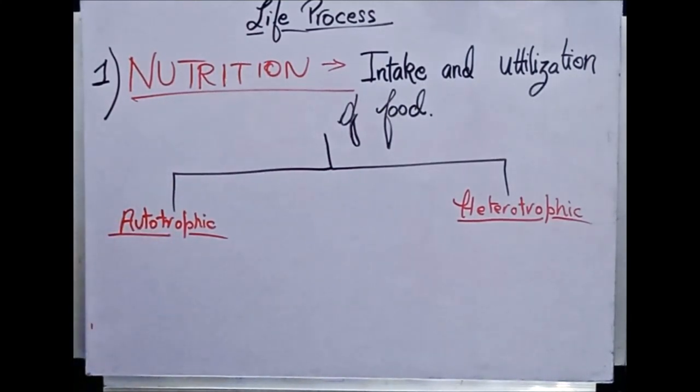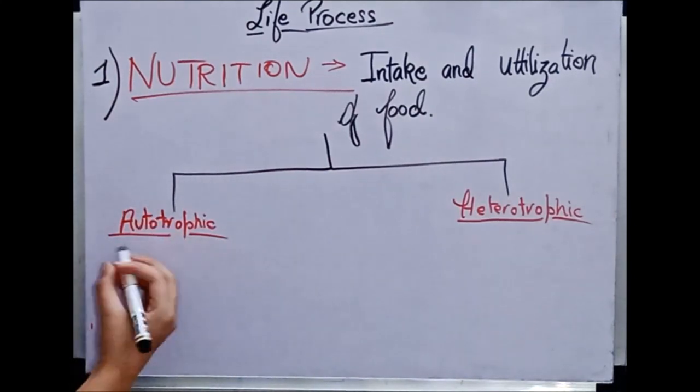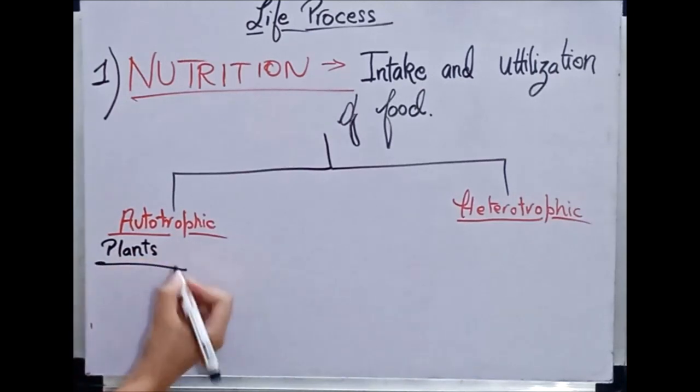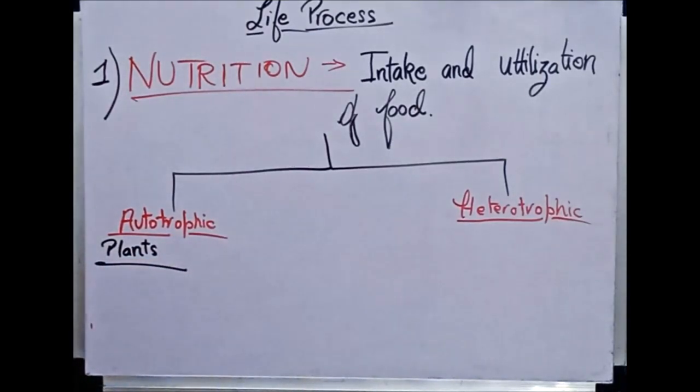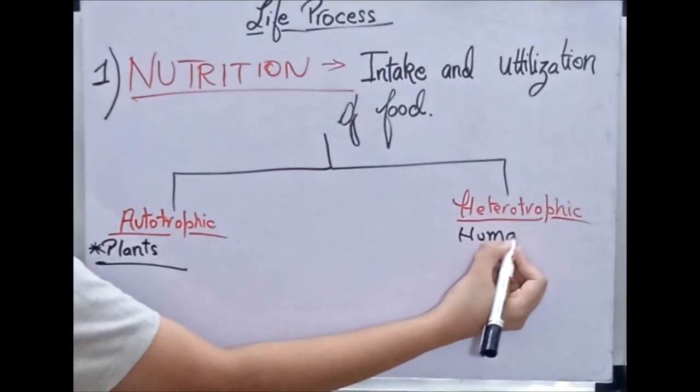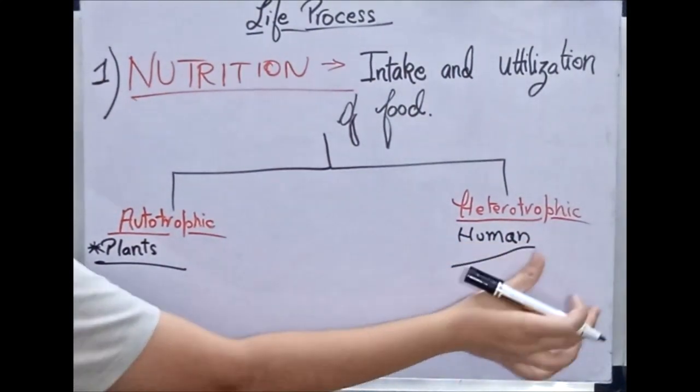Autotrophic is nothing but basically it's done by the plants. You can say plants, or many fungi and bacteria as well, that is blue green algae, also known as cyanobacteria. But we widely use the word plants, and in the previous classes we have also learned plants. Heterotrophic. Heterotrophic, the best example we can think of is human.